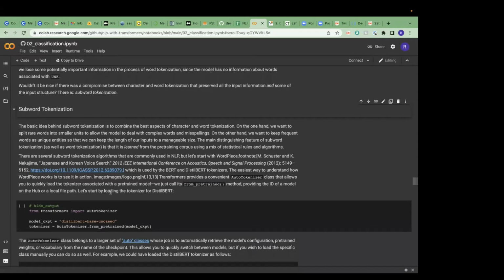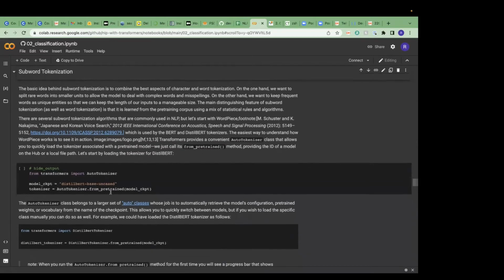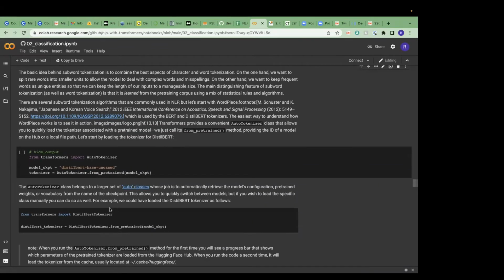So you don't have cases where a different conjugation of a word is assigned to an unknown token, as happened in word tokenization. And the vocabulary is not going to blow up like word tokenization, but you'll still have a very large vocabulary compared to character tokenization.